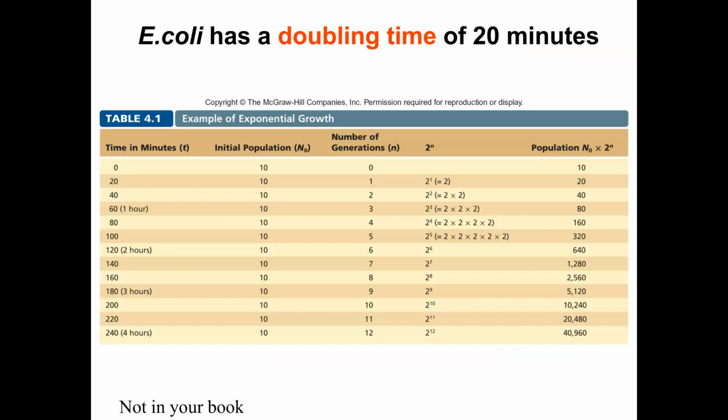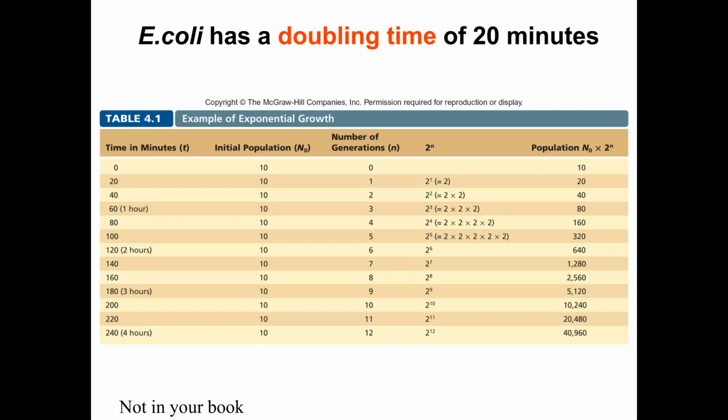Just to conceptualize this and make it more real, let's look at a chart that's in every book, but this is my favorite version because it's the easiest to understand. Let's look at a 4-hour period, 240 minutes, and we're going to start with a population of 10 E. coli cells.